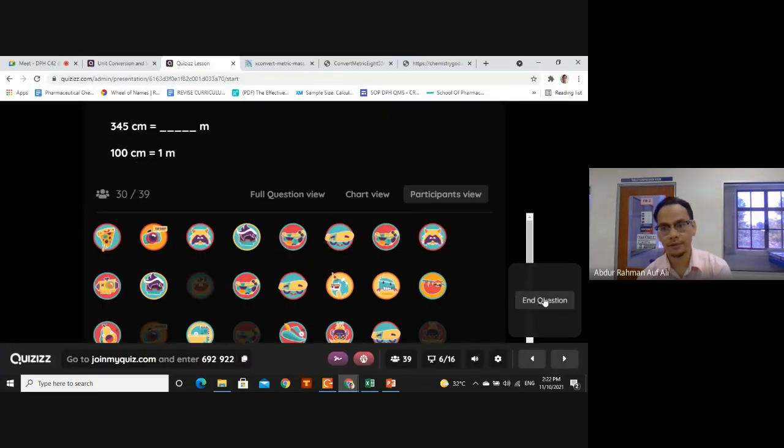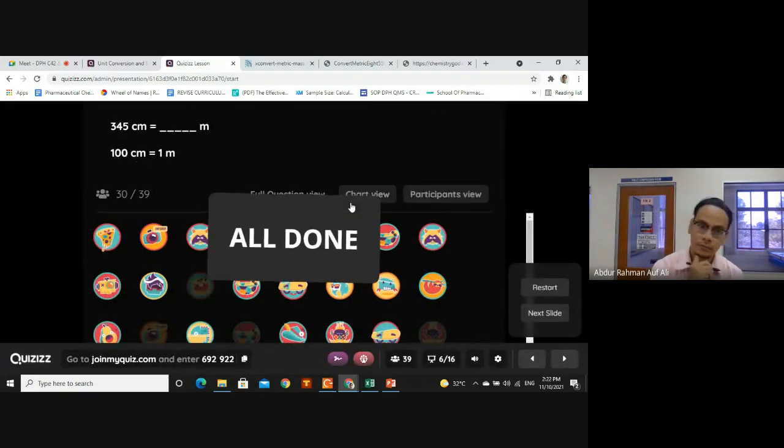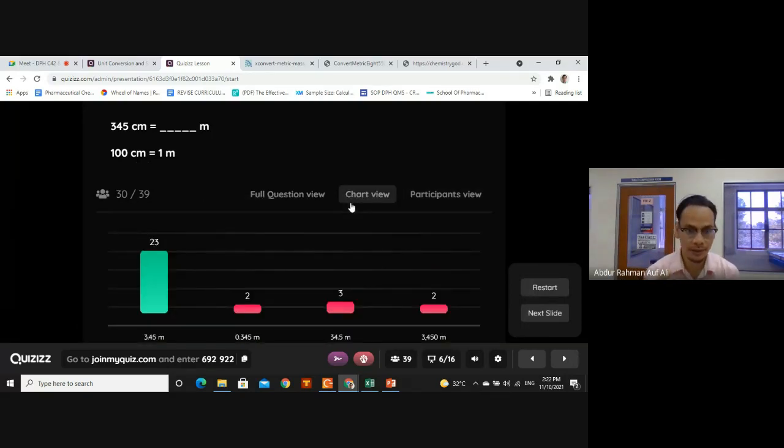Is that what most of you answered? What I want you to understand here is what this unit means: centimeter, meter. This is what we call metric units and also scientific notation. That's why some of you answered wrongly here. Make sure you know how to divide 345 by 100: just jump backwards. There is a decimal point here, in front of the 5, move it back 1 and 2. Why move it back 2 times?